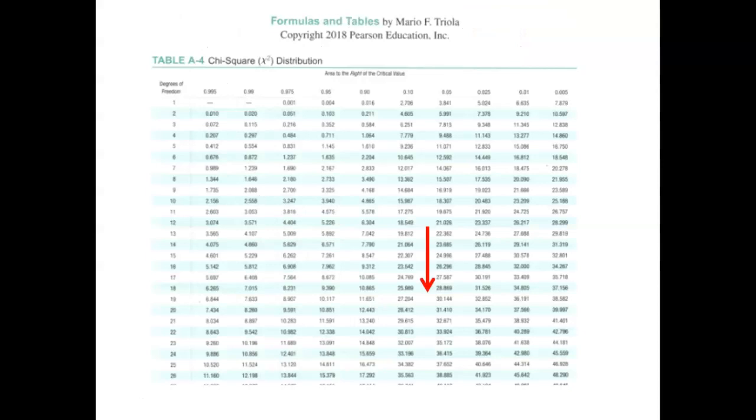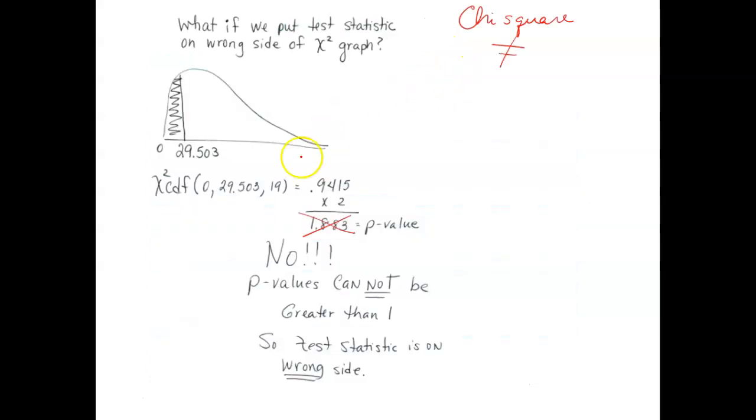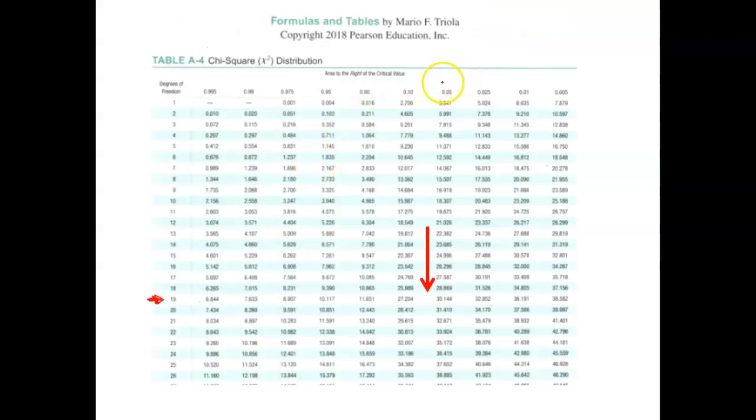Okay, one way you can use as a guide here: this one we said our degree of freedom was 19, so we're going to be focusing on this row here. And our test statistic on this one was 29.503. So keep that in mind. If I look down here for 19 degrees of freedom, 29.503 falls right in here, okay?